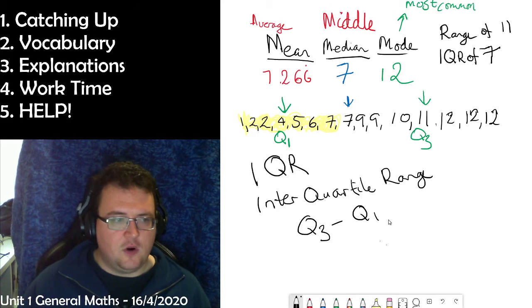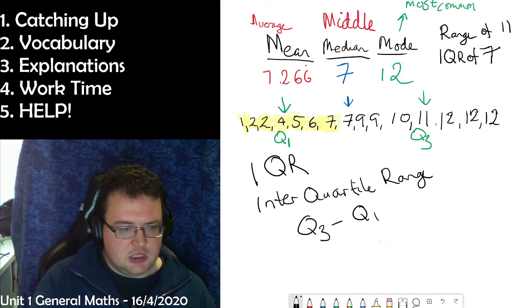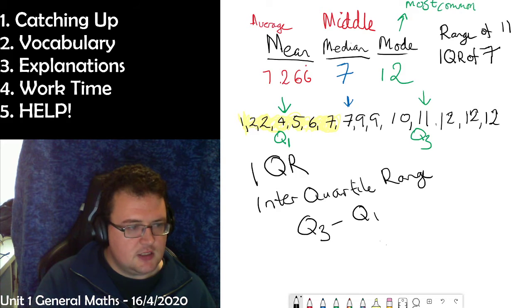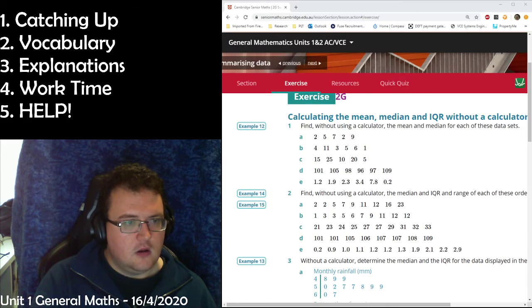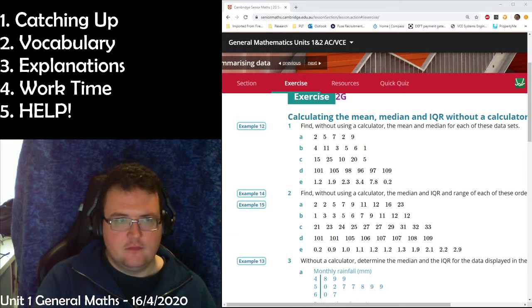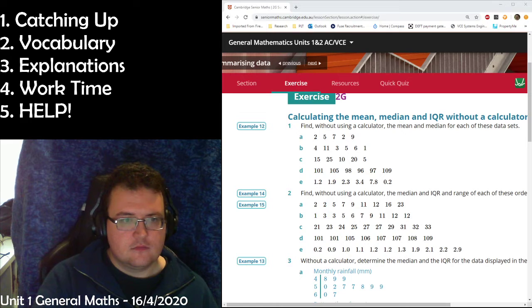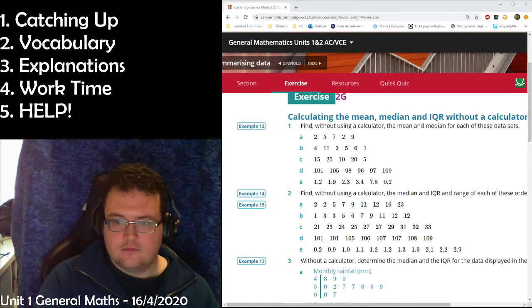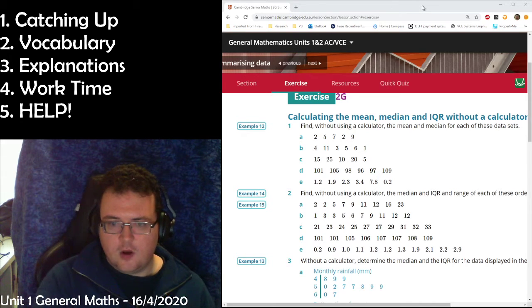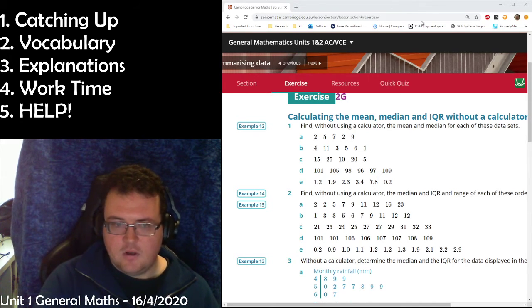So what I'm going to do now is swap screens, and we now have our textbook. Hooray! Can people see the textbook? Hopefully you can.